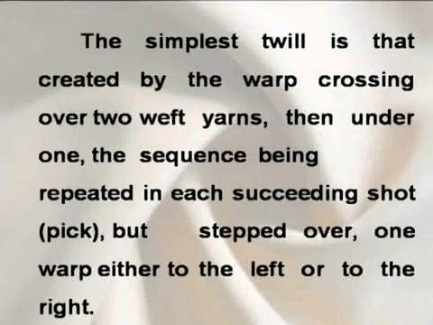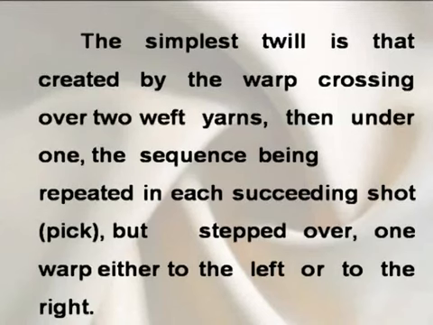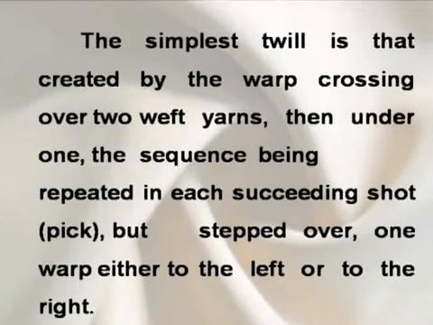The simplest twill is that created by the warp crossing over 2 weft yarns, then under one, the sequence being repeated in each succeeding shot. That is, each pick is stepped over one warp either to the left or to the right.